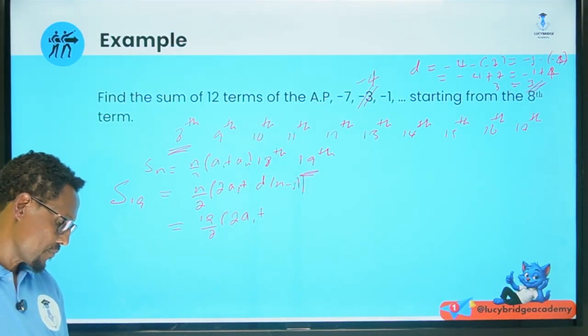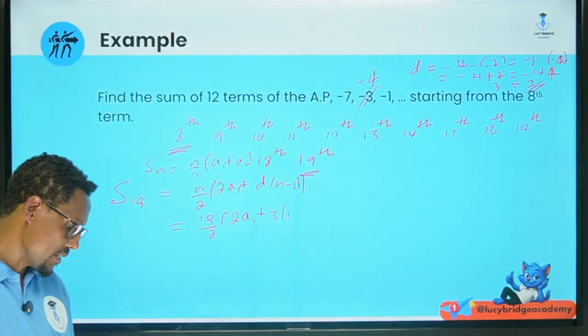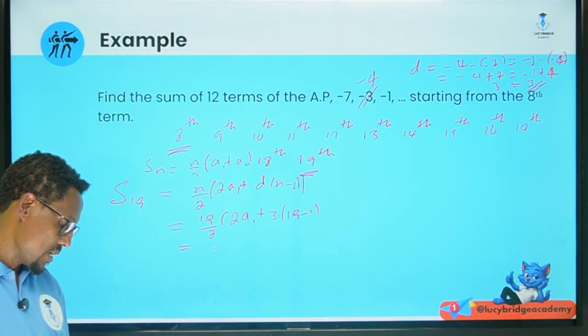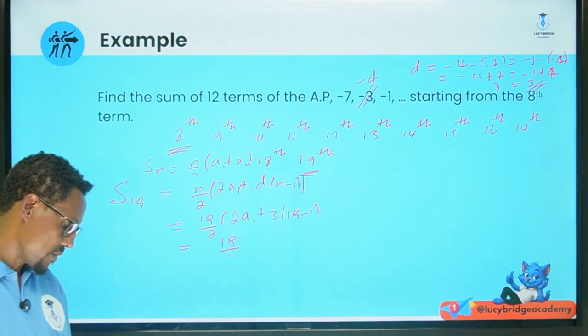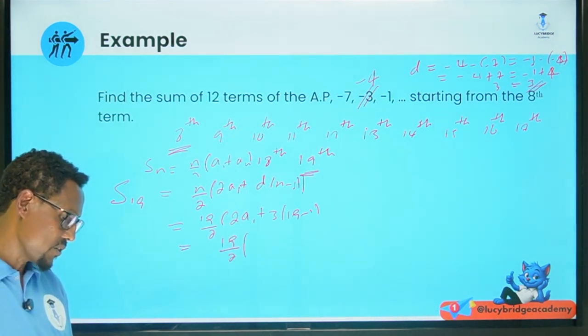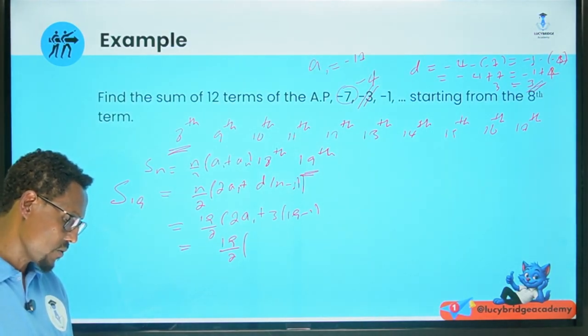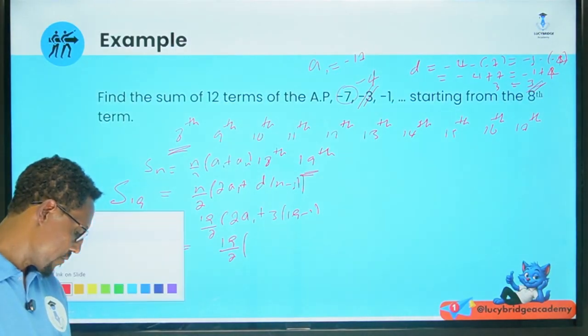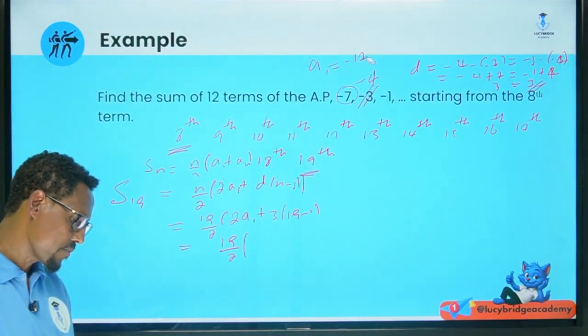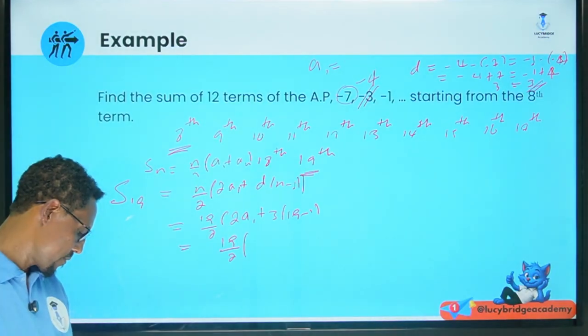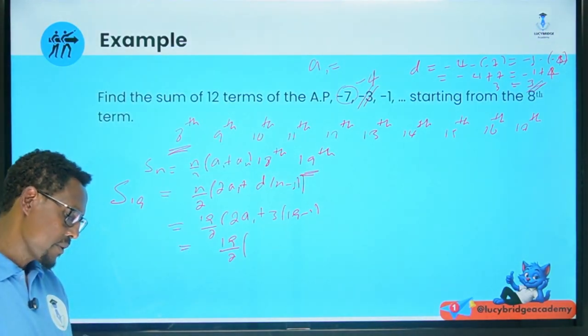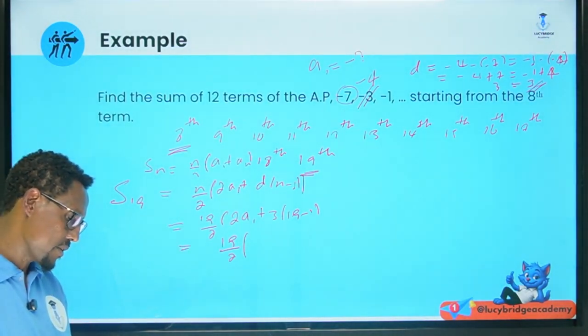That means 3 times 19 minus 1. 19 over 2 times 2 times a1, and a1 is -7.